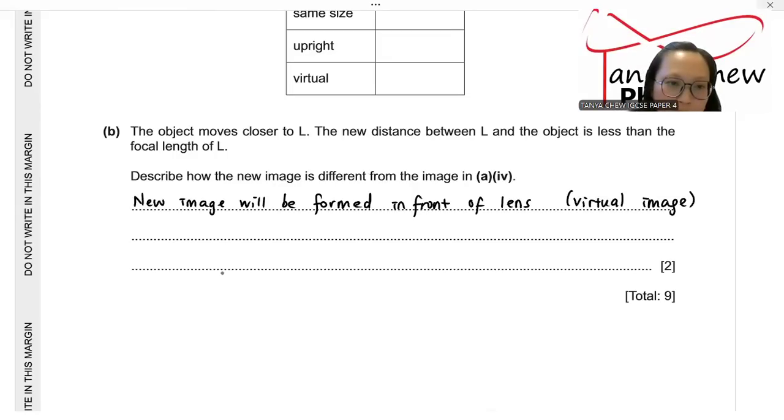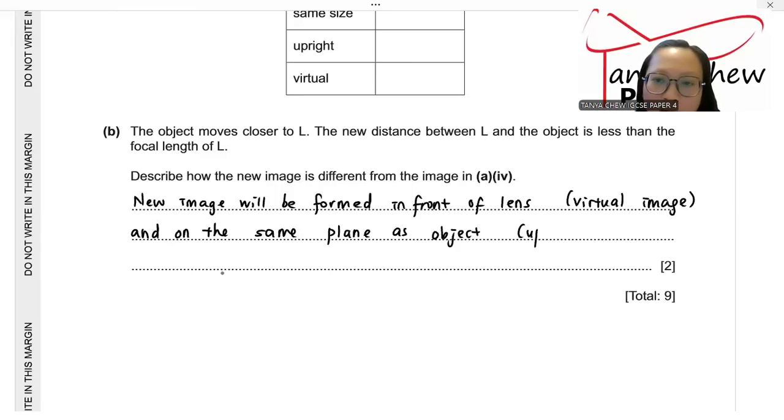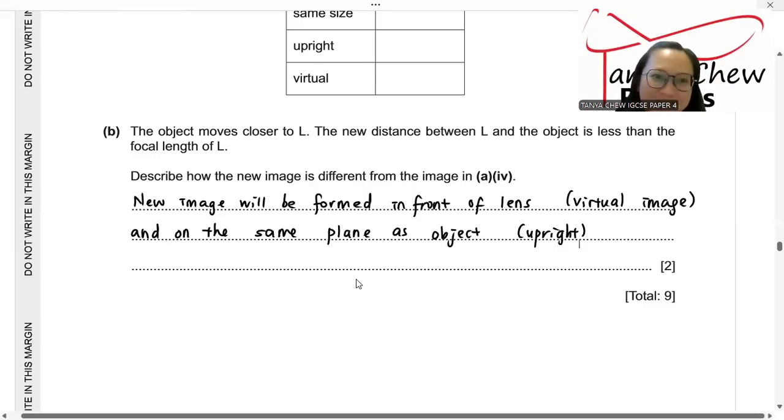And on the same plane as object. This is being called upright. It is above the principal axis. Image is also above the principal axis. That is why it is called upright.